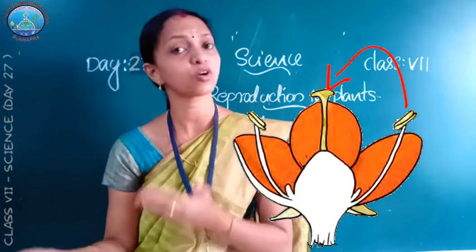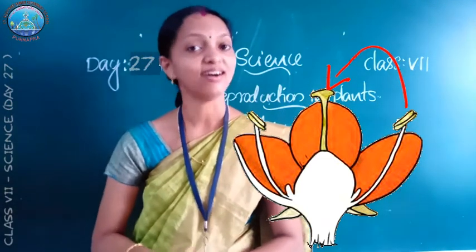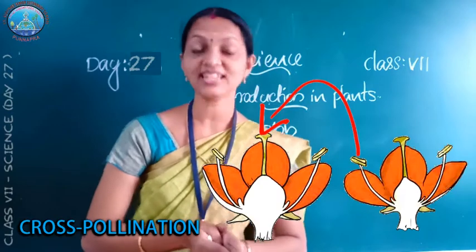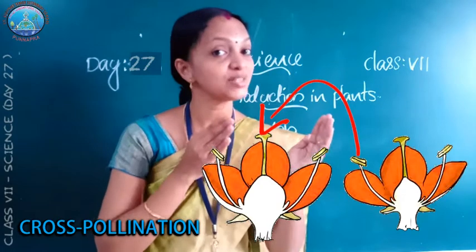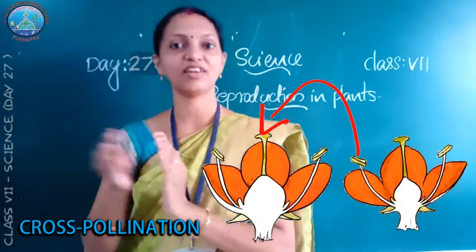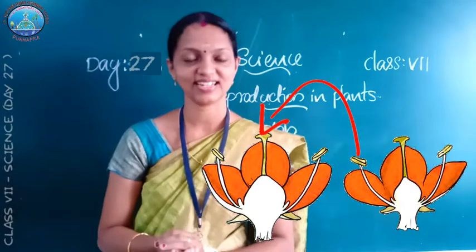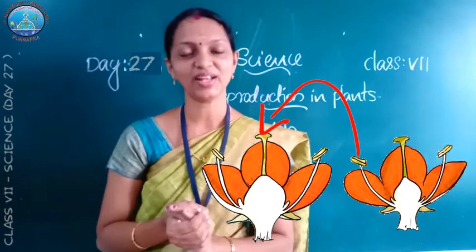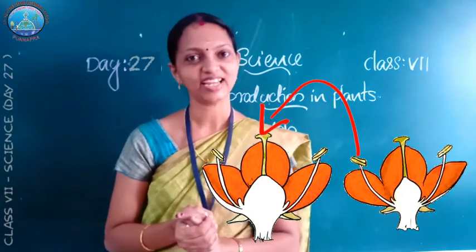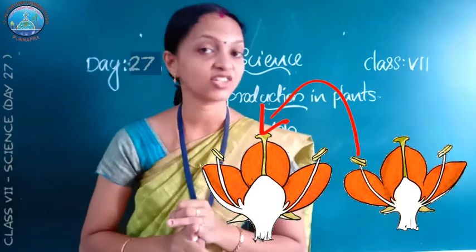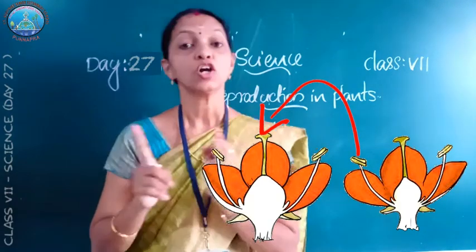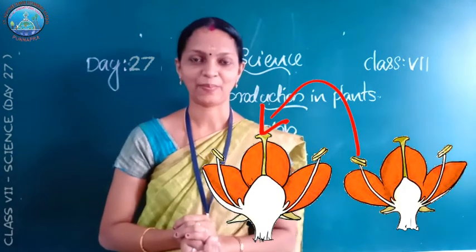What is cross-pollination? The transfer of pollen grains from anther to the stigma of another flower or another plant is called cross-pollination.